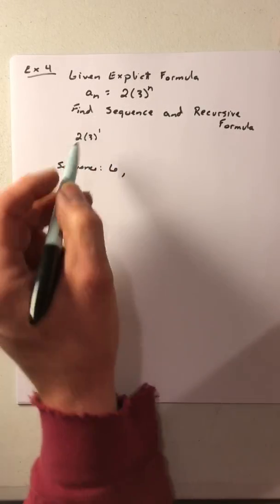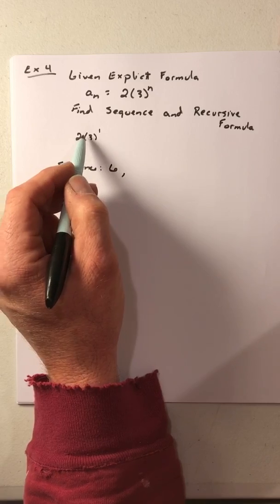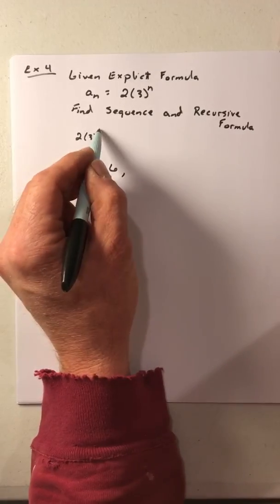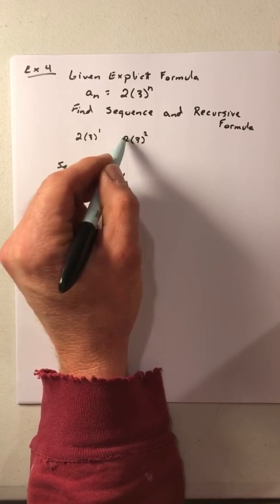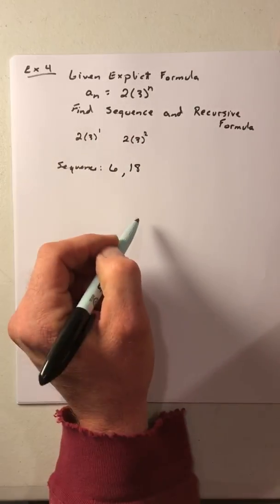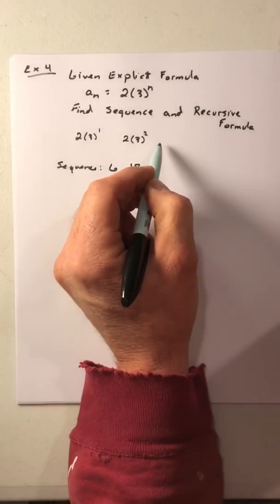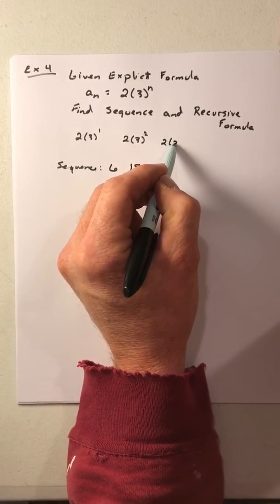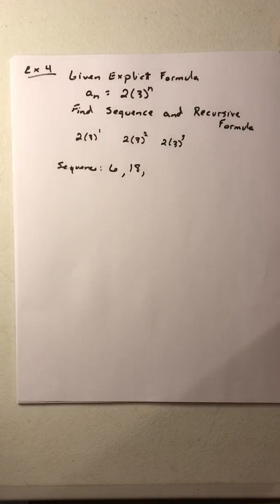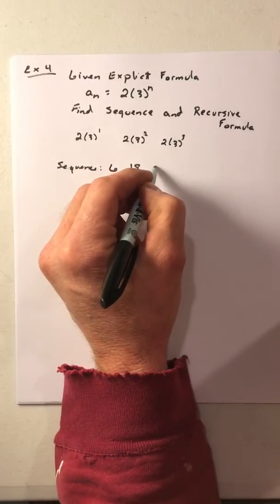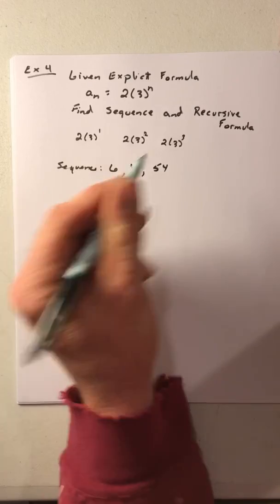My next term, if I multiply 2 times 3 to the second, here I get 9 times 2. I get 18. My next term, I have 2 times 3 to the third. I have 3 to the third, which is 27 times 2, gives me 54.